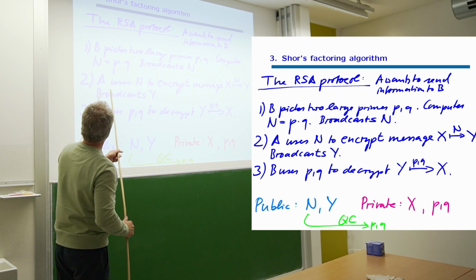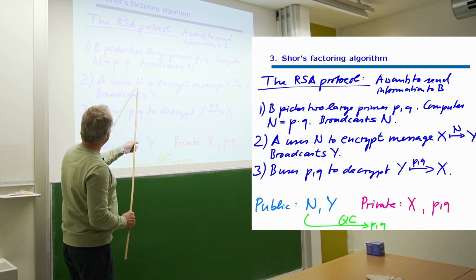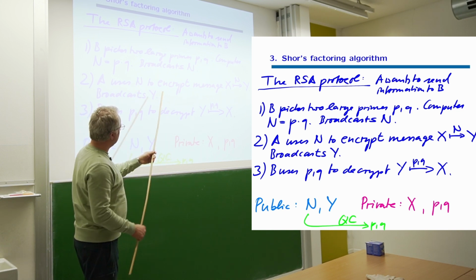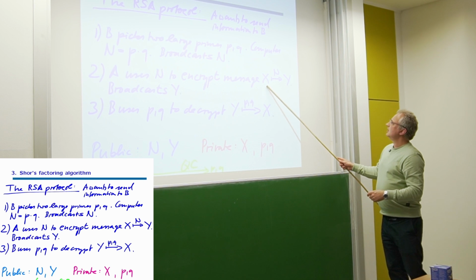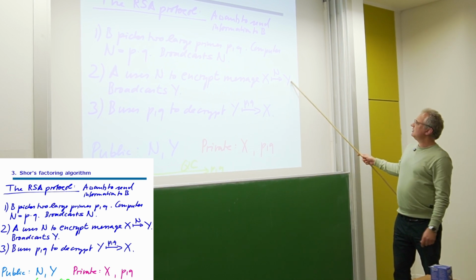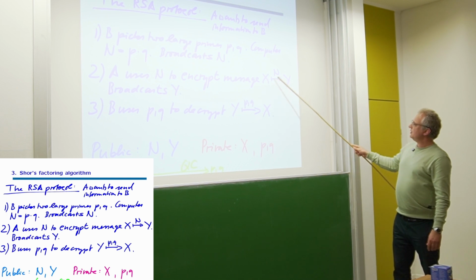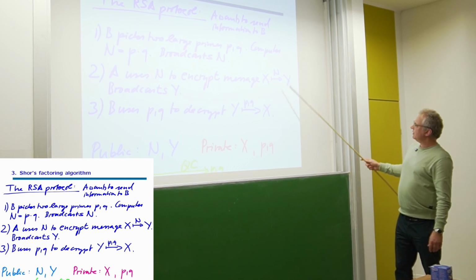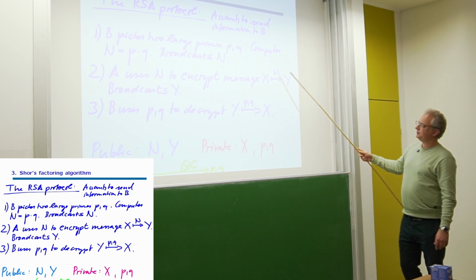Now A, the party that wants to send something, uses this product to encrypt the message. The message, say, is X, and Y is the encoded version of the message, and this function from clear message to encoded message is facilitated by knowing this integer n.